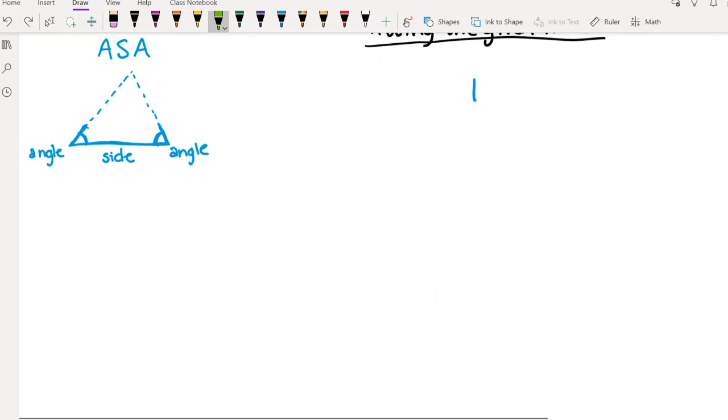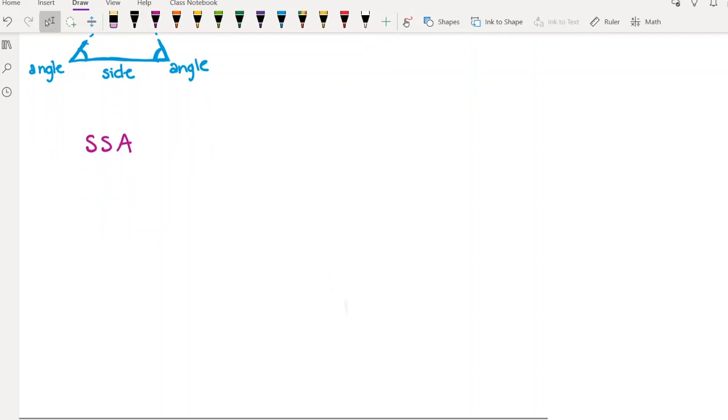On the other hand, let's say that you are given two sides and an angle, and the angle you're given is not between the two sides. People like to call this SSA. I think you can probably tell why they don't write it the other way. Let's see what this would look like in a picture.